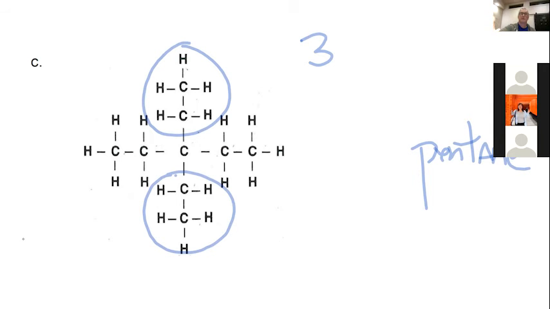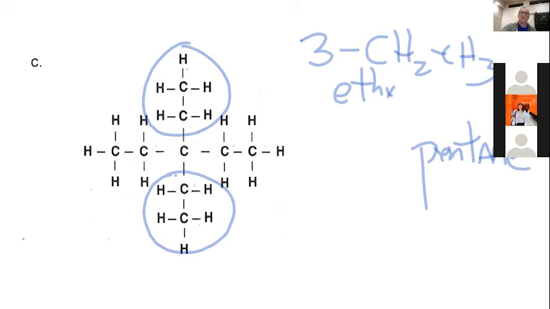They're both that particular group. So they're both ethyl. So what are we going to call this? Do we call it 3-ethylpentane? I saw that in a number of groups. Is that how we name it? Is it 3,3-diethylpentane? That's right.